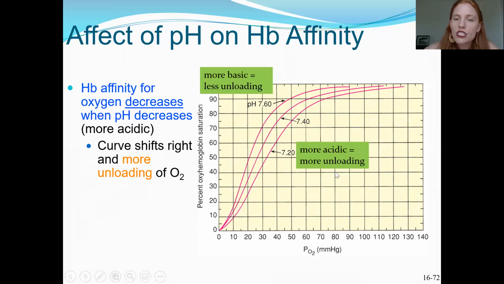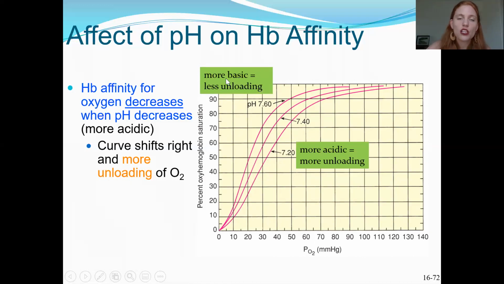Okay, so in a more acidic environment, you're going to have more unloading of the oxygen away from the hemoglobin to be given off to the tissues. Whereas as it becomes more basic, because of the small changes in the shape, it's going to hold on to the oxygen more. So as you go to the right, you have a lower affinity or more unloading.